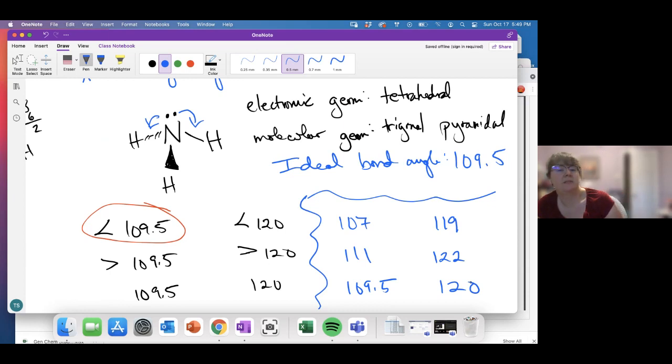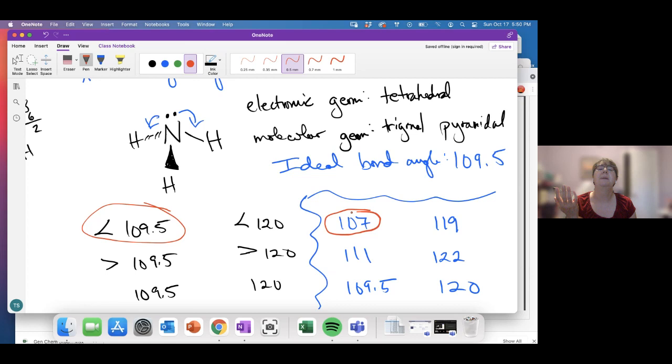Here again, I'm still looking for the thing that's less than 109.5, which is this one. On an exam, we would not expect you to know exactly what that bond angle was, but we would expect you to know that it's less than 109.5 and that you could pick less than 109.5 out of a lineup. So we could give you real numbers.